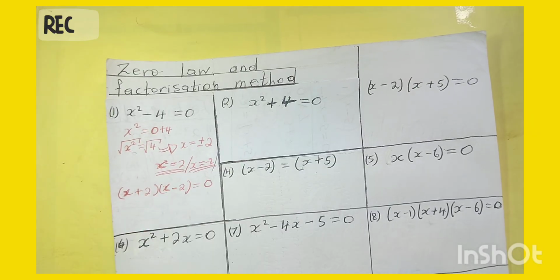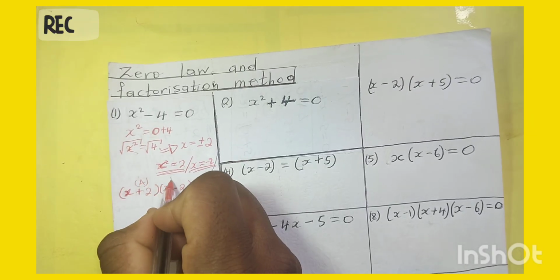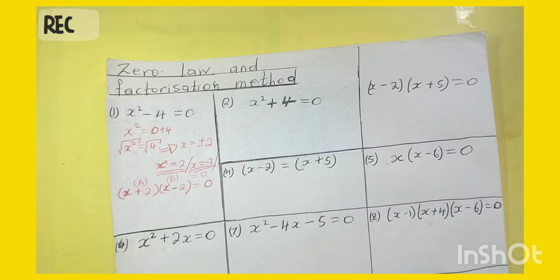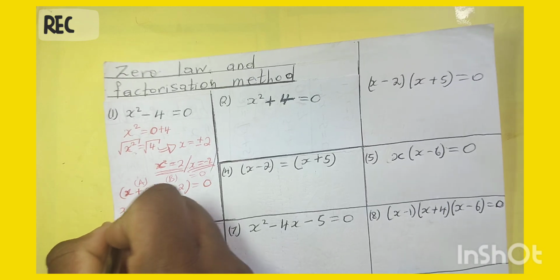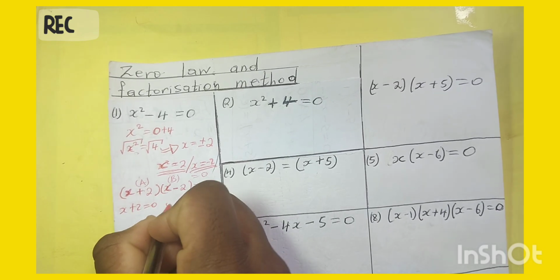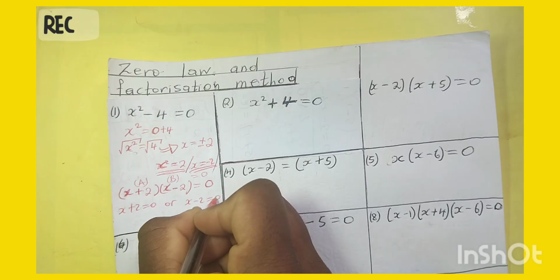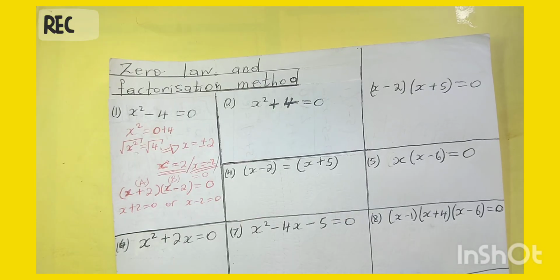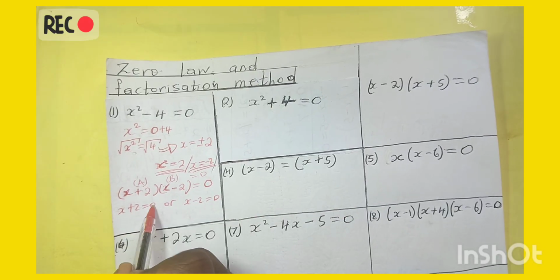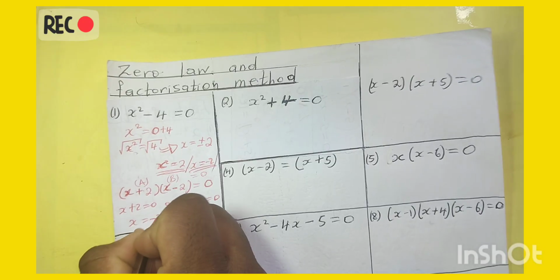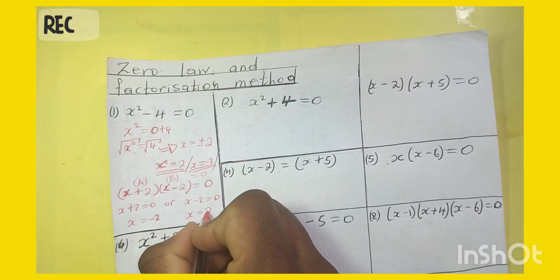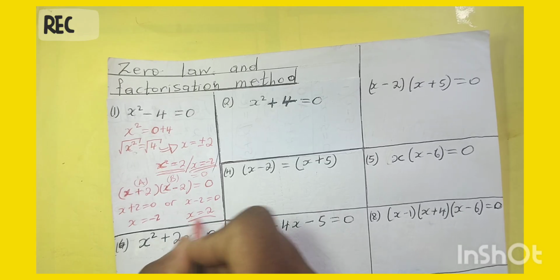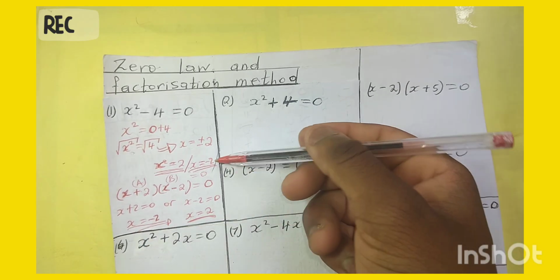Now here you've got bracket A and bracket B equated to 0. Just apply the zero law. The zero law says that we equate each bracket to 0. Meaning this we equate to 0, or this we equate to 0. Then we solve for x. On this side, if I take that thing, it will become negative 2. Then here it will become positive 2. And these answers are still the same as those ones.